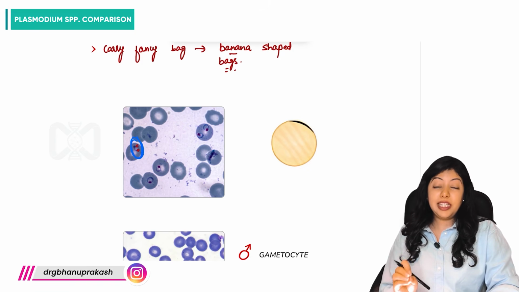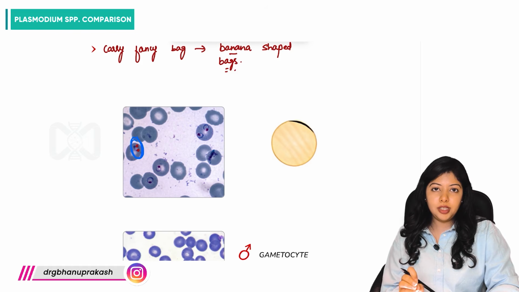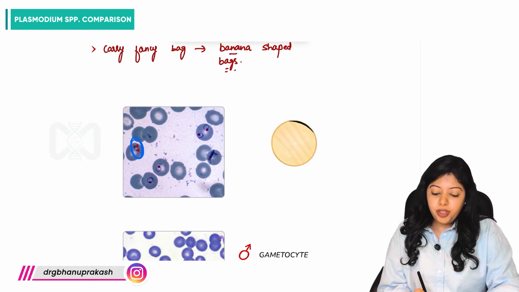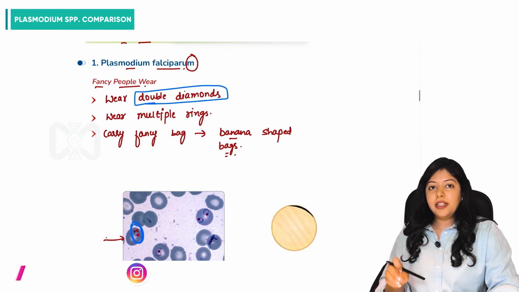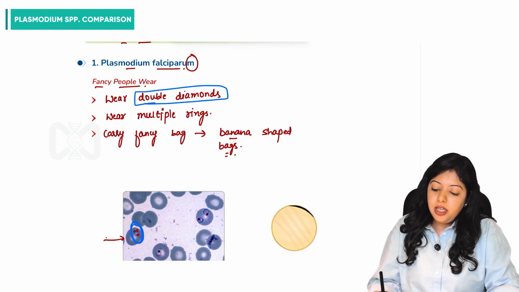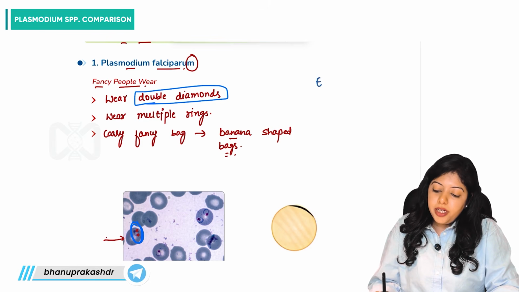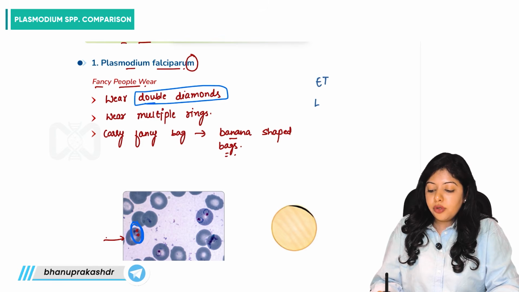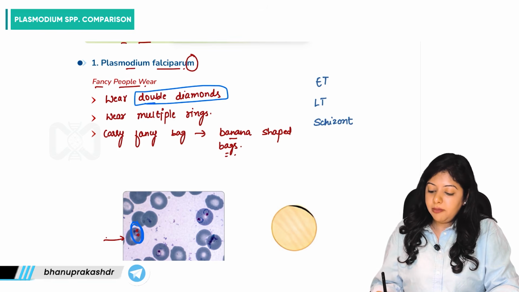Does it give a picture of headphones, right? So what exactly is this stage I am talking about? Let us first write in short what we will be discussing about. We'll be talking about the early trophozoite, the late trophozoite, the schizont, and the gametocyte.